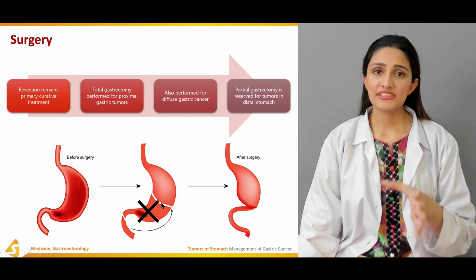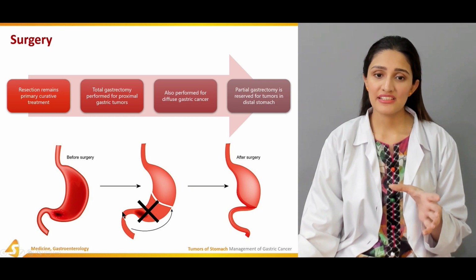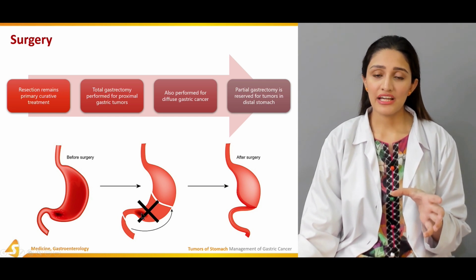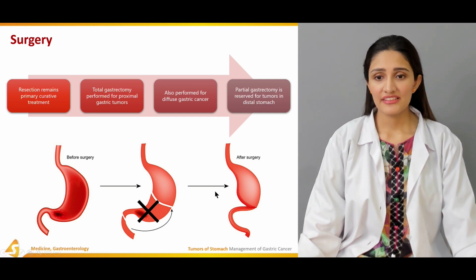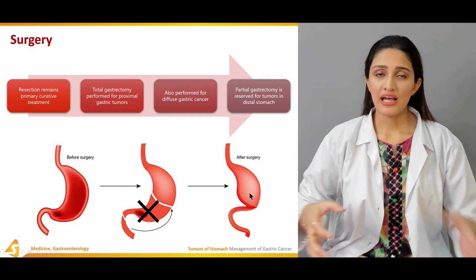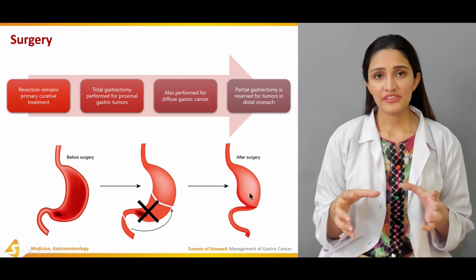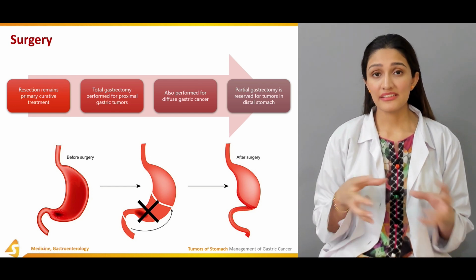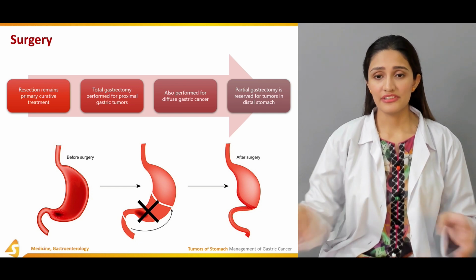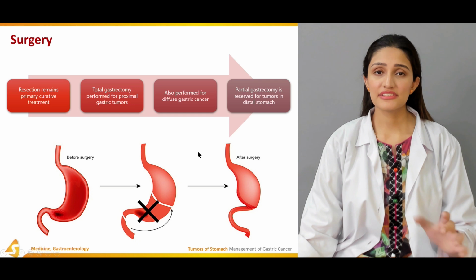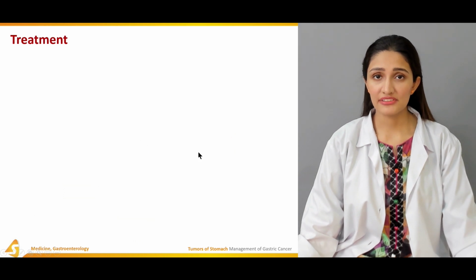So half of the stomach is being resected. As you can see, some parts of the duodenum, the antrum, and half of the body of the stomach is being resected. And then after surgery, what happens is that the proximal part of the stomach is then being connected with the small intestine, the rest of the duodenum. So this surgery is the partial gastrectomy.